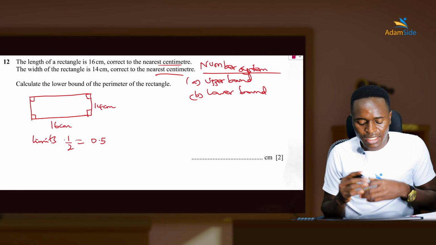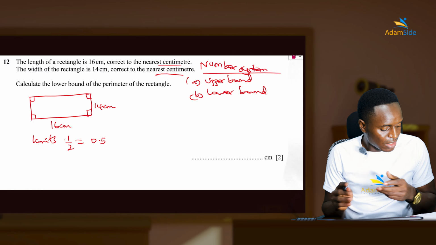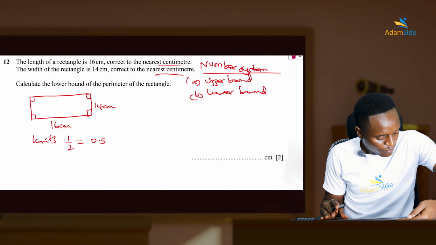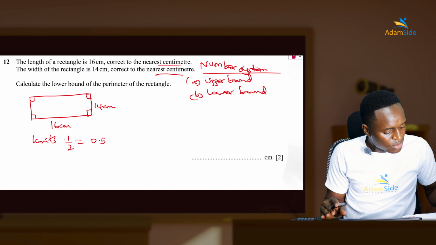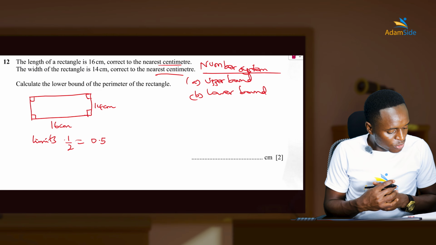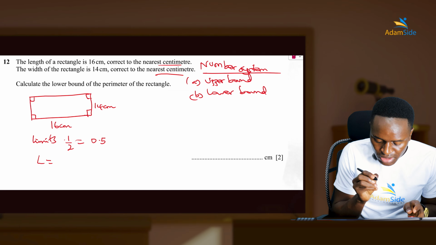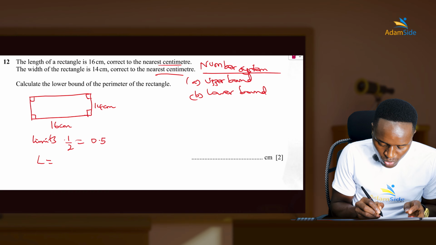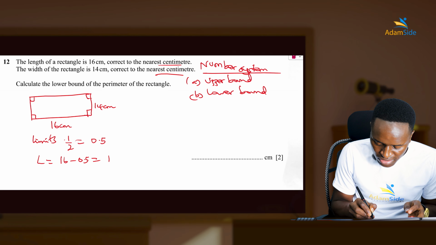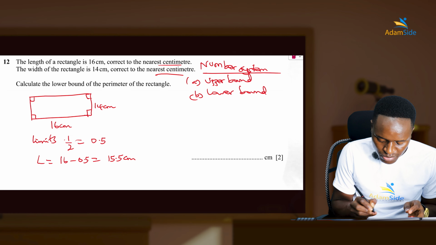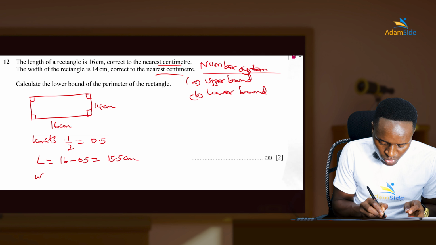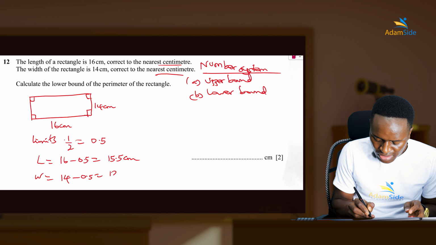Therefore, we need to get the length and the width on their lower bound. For the lower bound perimeter, we need the lower bound length and the lower bound width. Lower bound length is 16 minus the limit, 0.5, which gives 15.5 centimeter, and the lower bound width is 14 minus 0.5, which gives 13.5 centimeter.